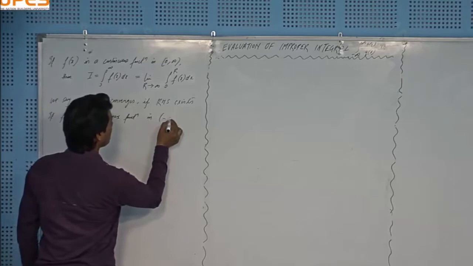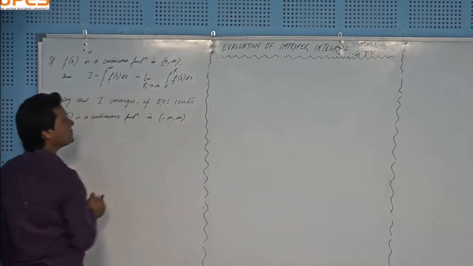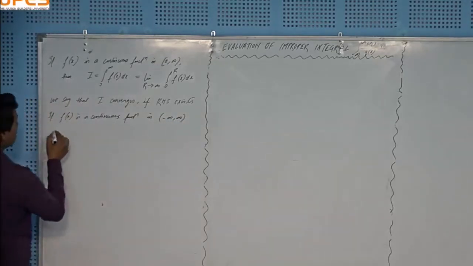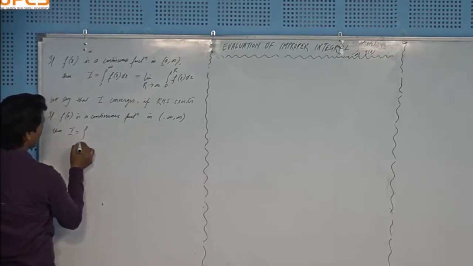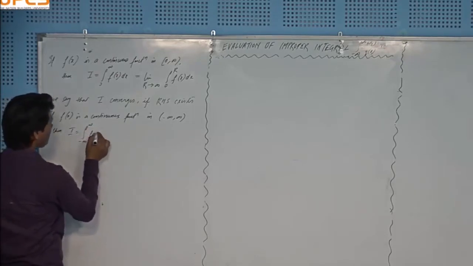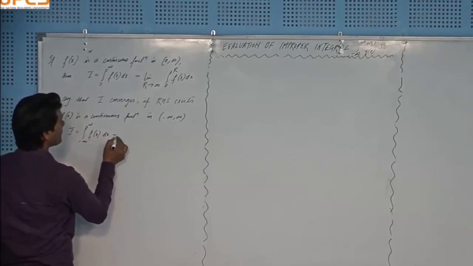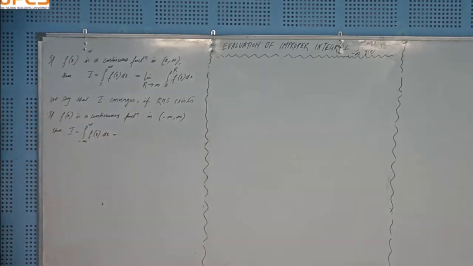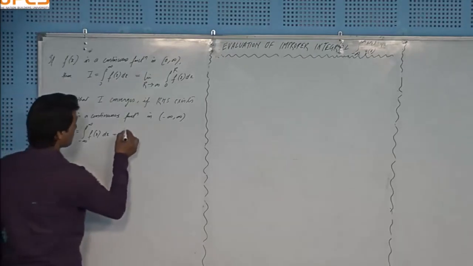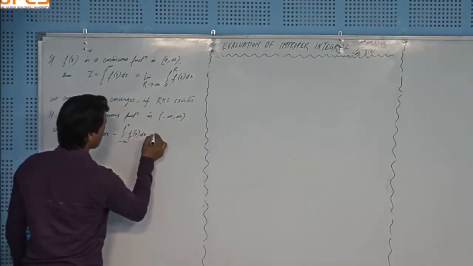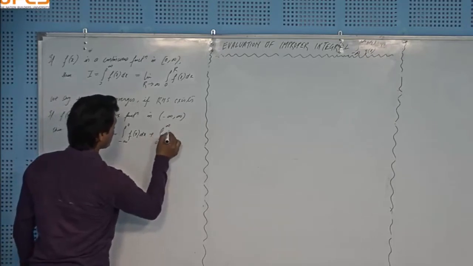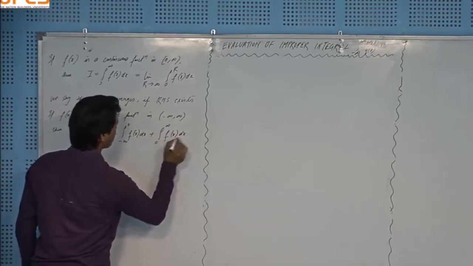Similarly, if f is a continuous function in the whole real line, right, then I equal to integral minus infinity to infinity f(x) dx is evaluated by breaking this integral into two parts. The first is minus infinity to 0 f(x) dx plus 0 to infinity f(x) dx, right?